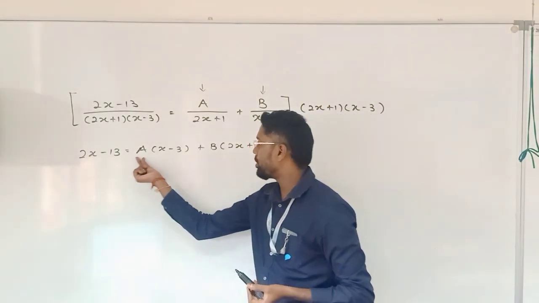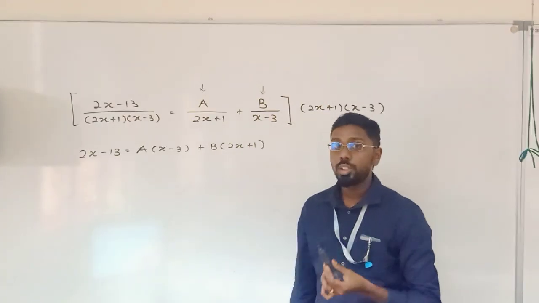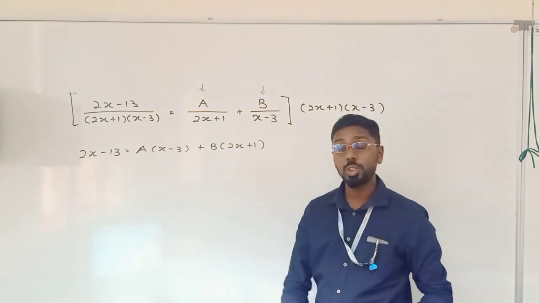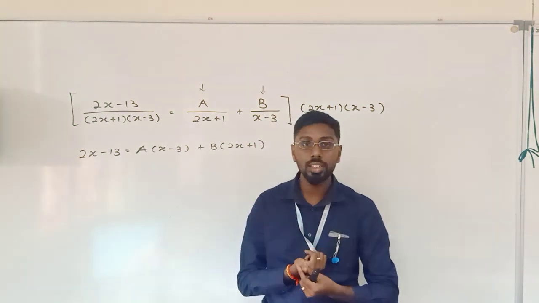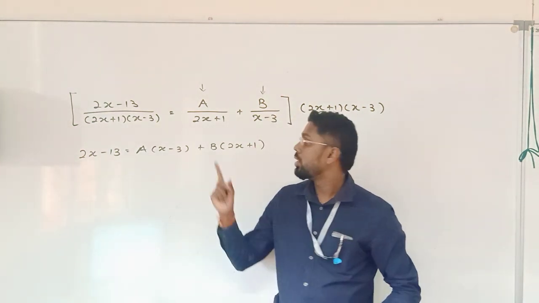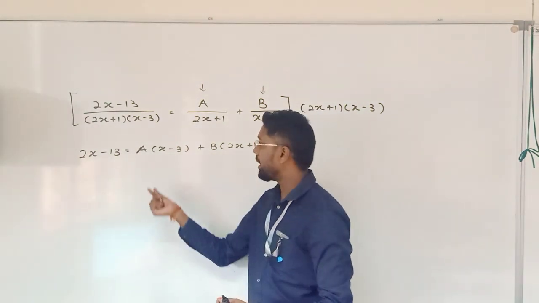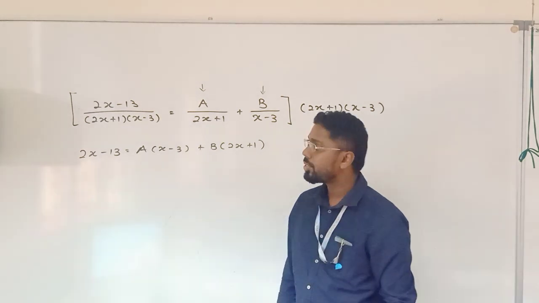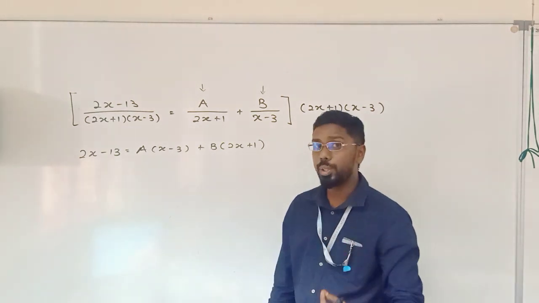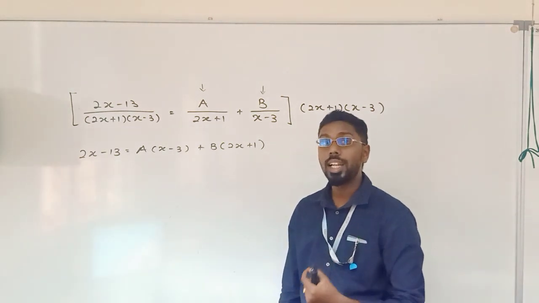Okay, so now I got two constants here, so I'm going to find the constants. What I can do is either substitute any value of x to form two linear equations and then solve, or you substitute a value which can make a constant 0.